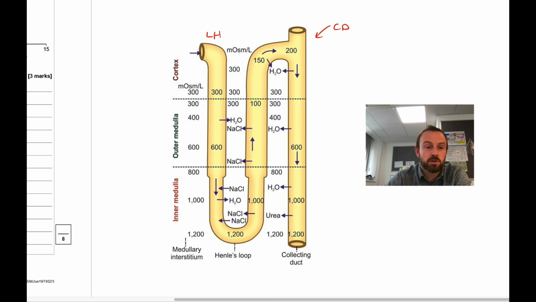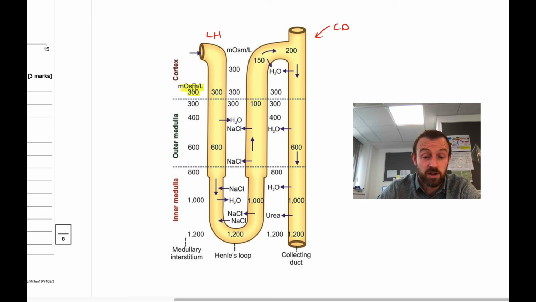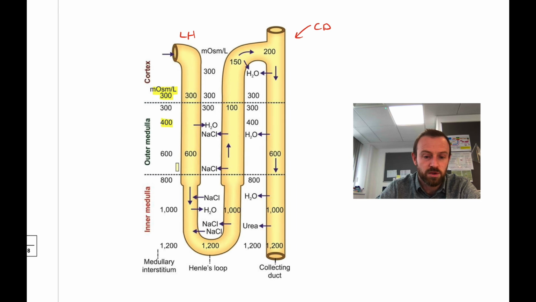What I do want you to look at is just these numbers. This is the concentration in milliosmoles, which is a way of measuring the concentration of all solutes down here. So the concentration goes from not very salty, to more salty, more salty, really, really salty, incredibly salty. The saltiness, and I'm talking about salt and other solutes, increases as we go down.